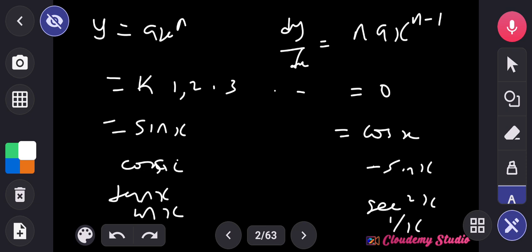So today we are going to be showing how we can differentiate functions that have multiplication as their relationship. Multiplication is the relationship between two functions. Let us take for an example, if we have y equals to u multiplied by v, or in some other cases we call it uv, what will be our dy dx?